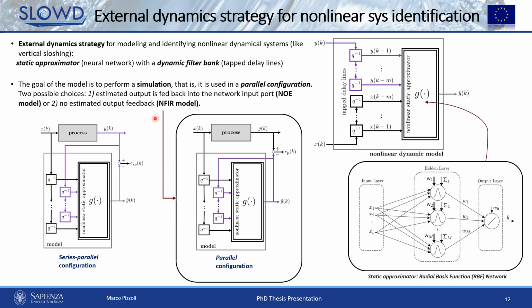Whereas the other configuration, the series parallel configuration, allows only the measured output to be included into the system and to pass through the delay lines. But we want to perform simulations, so we need a sort of closed loop if we want to integrate also the output as the estimated output.